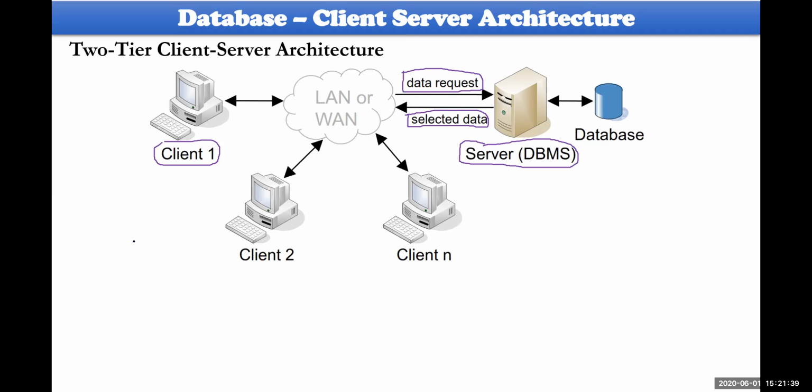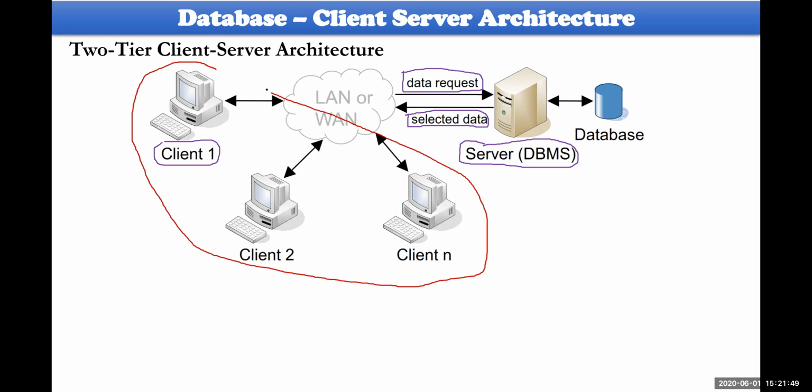Here also you need to remember it is a two-tier architecture. Tier number 1 is this one: all the clients, where the end users directly communicate with the systems. And where the database is, that is called tier 2.